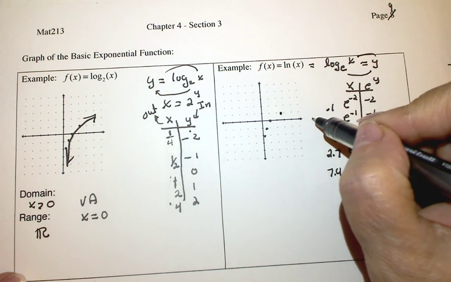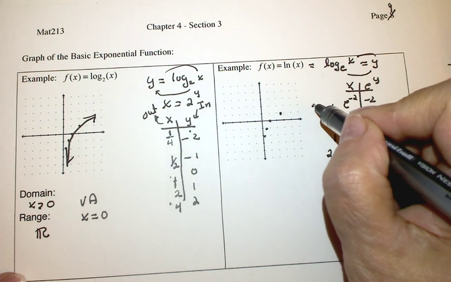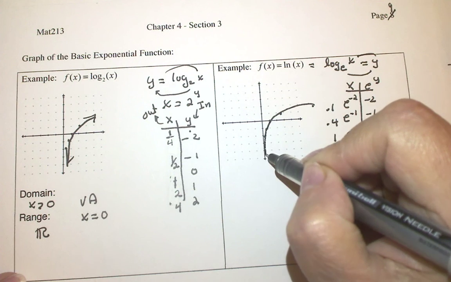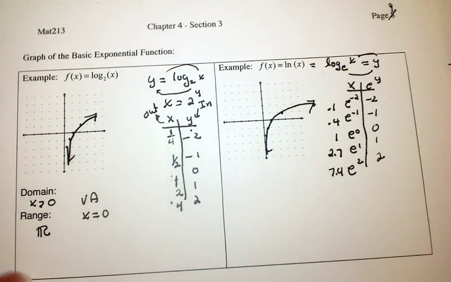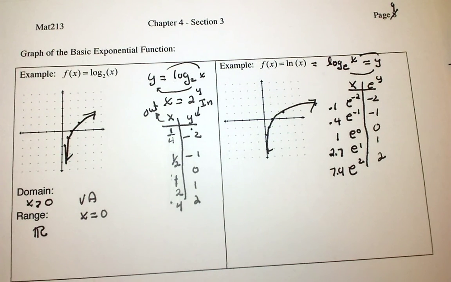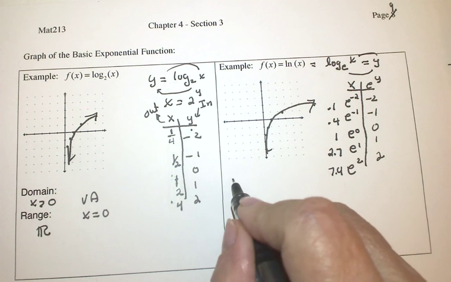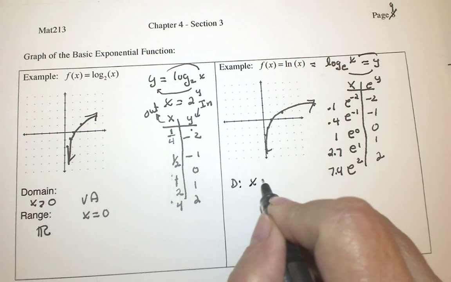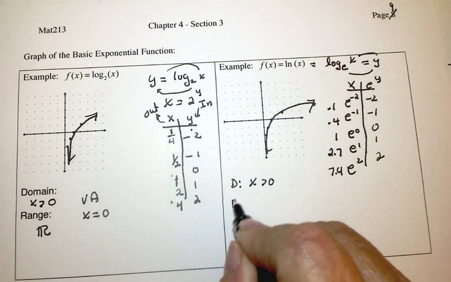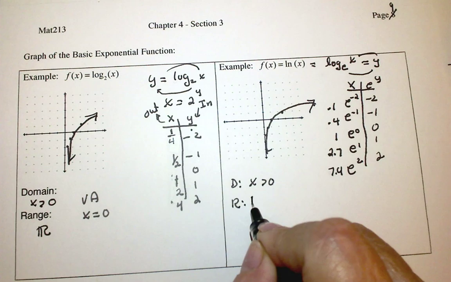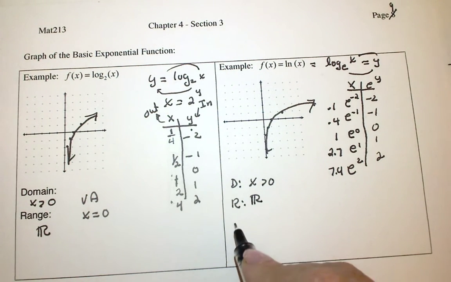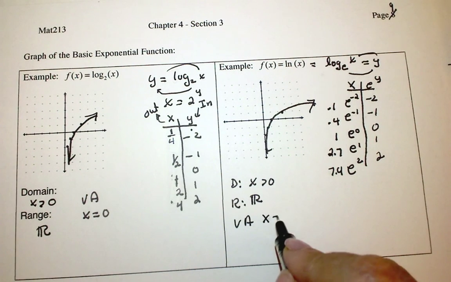And 7.4 is all the way out here, which would be 2. It looks very similar to log base 2. So it has a domain of, of course, x is positive. It has a range of all real numbers. And it has a VA at x equals 0.